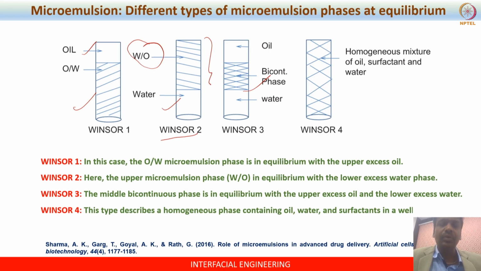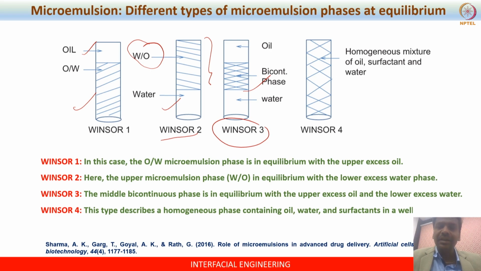In this case, the co-continuous domains are filled with emulsifiers, and you may end up getting both water and oil as excess components. This type of microemulsion is called Winsor 3, and last but not least is Winsor 4.